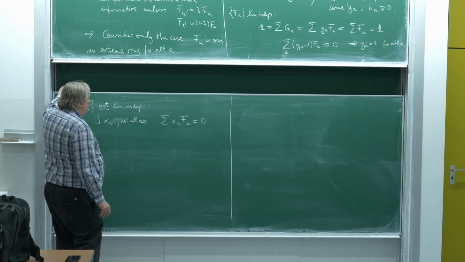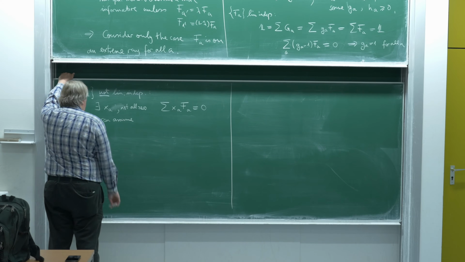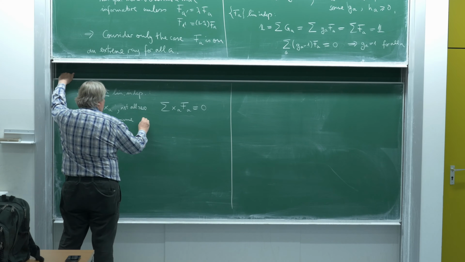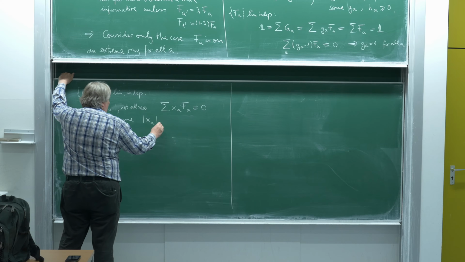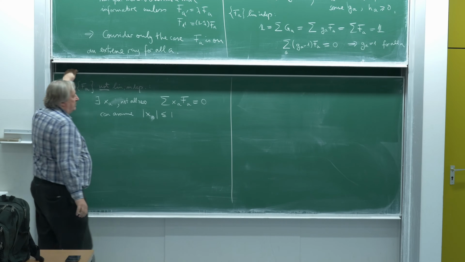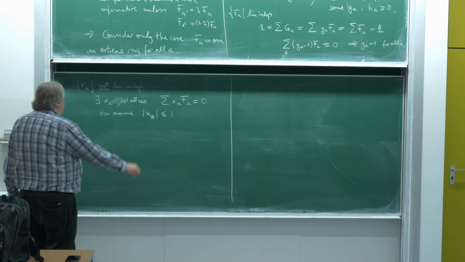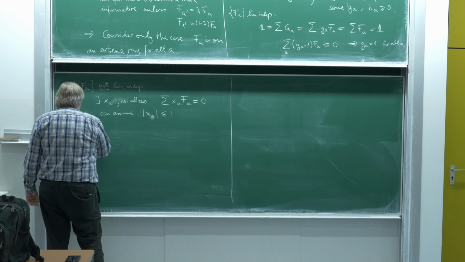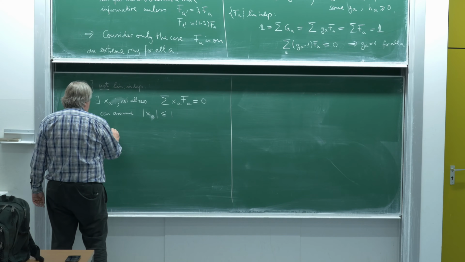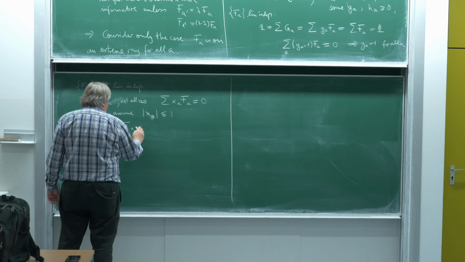And we can assume that the absolute value of these XA is less than 1. Right? Otherwise, you just multiply with a factor. But that makes the next computation easy. Then you set GA to be equal to XA times FA plus FA.